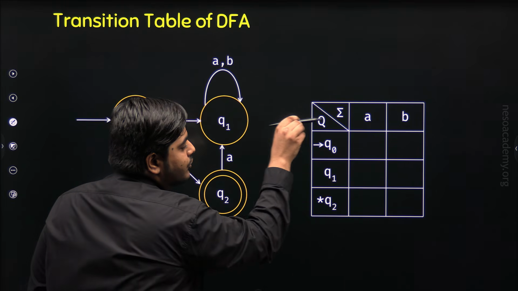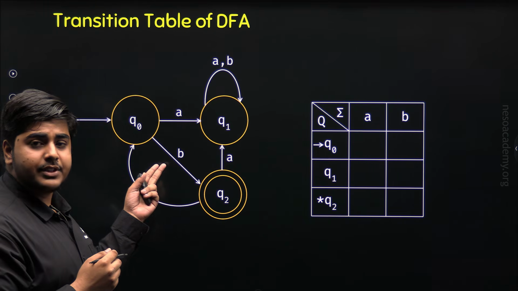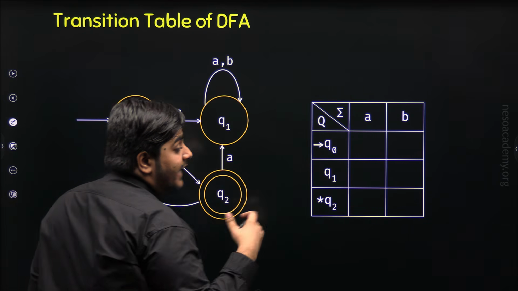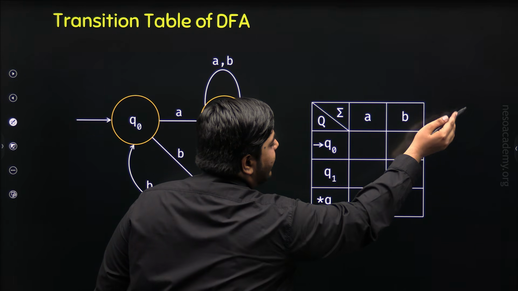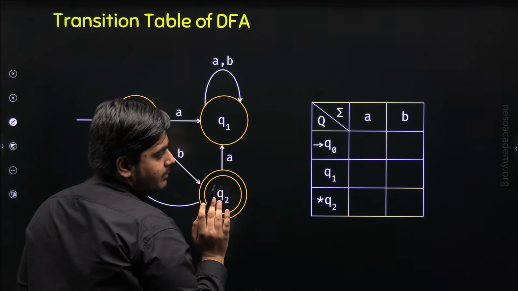Similarly, in the first row, we have written the input symbols. Here we have only two input symbols, A and B, so we have written A and B. If there were more input symbols, we could write C, D, E and so on after B. So this is the basic structure of a transition table.